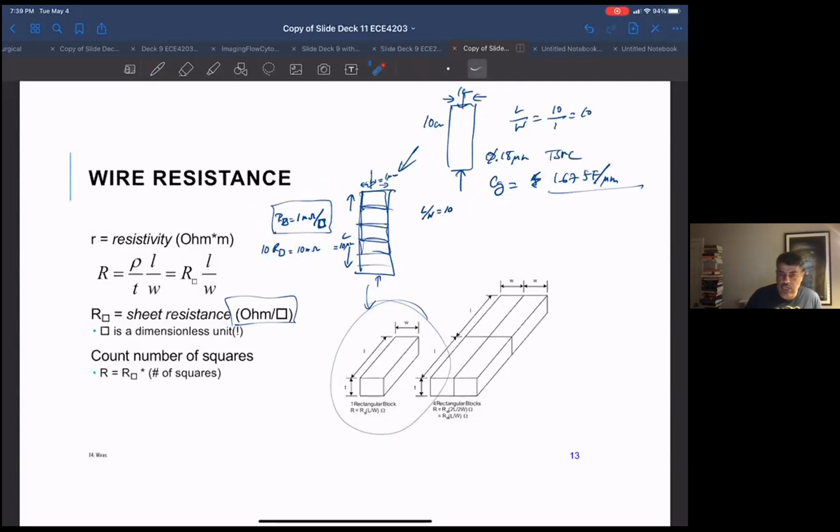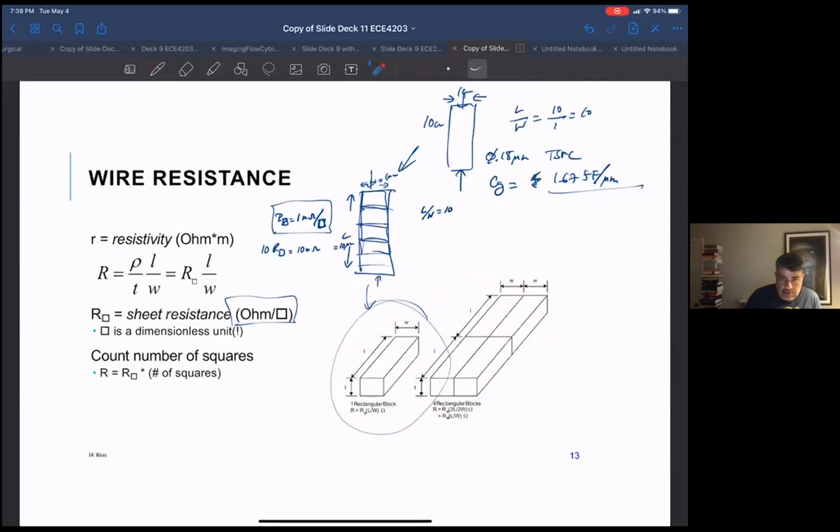So that's all you do, you count it up. In this example, these two have exactly the same number of squares, because we've doubled things up in each direction, and so they'll have the same resistance.